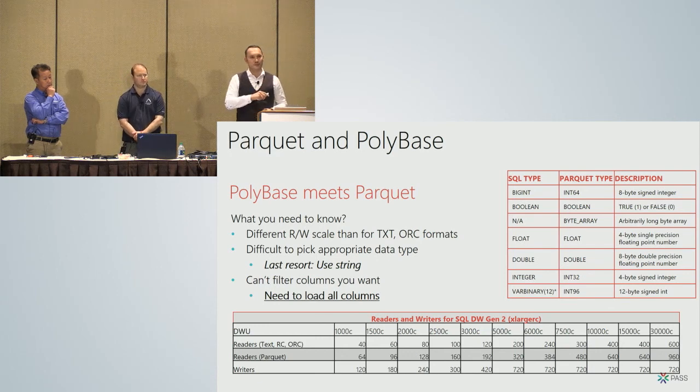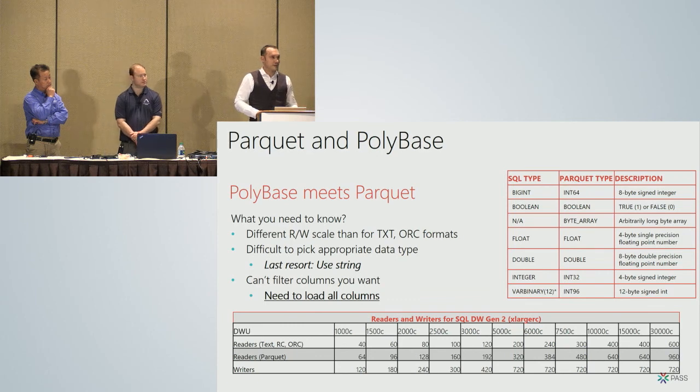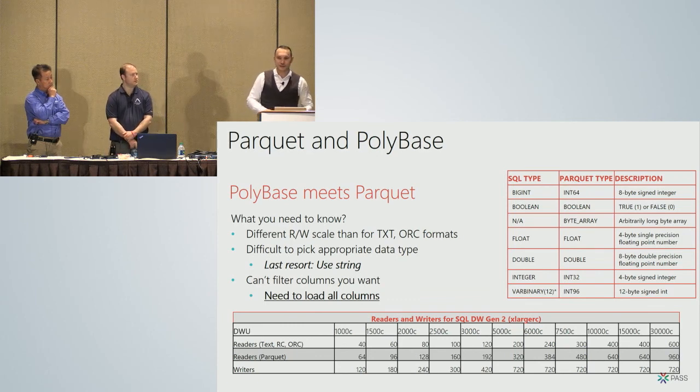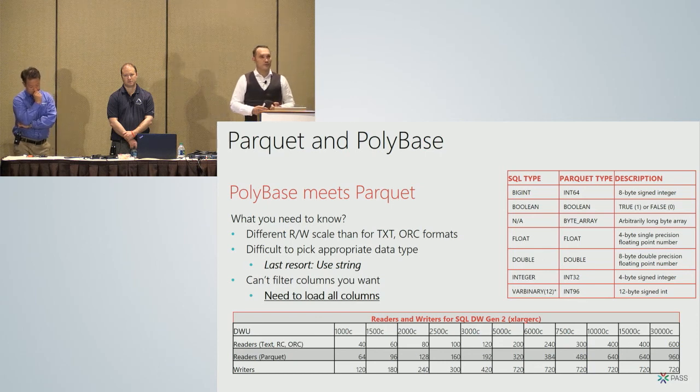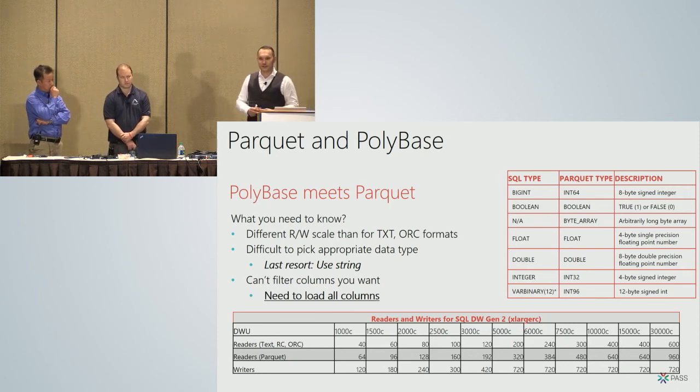If you remember the table I showed, the amount of readers and writers for Parquet was the best combination, so you can read it faster than any other format like TXT or CSV. Second, people like it because of OSS community support. People like it because Parquet has schema. It's a compressed format. So there's a lot of great stuff there.